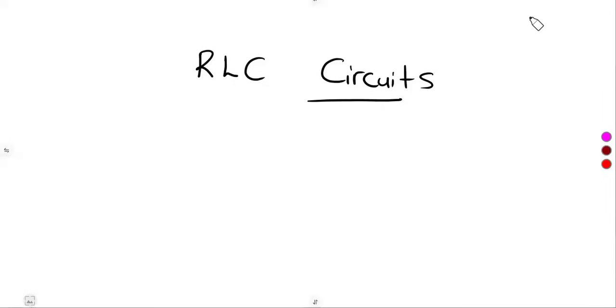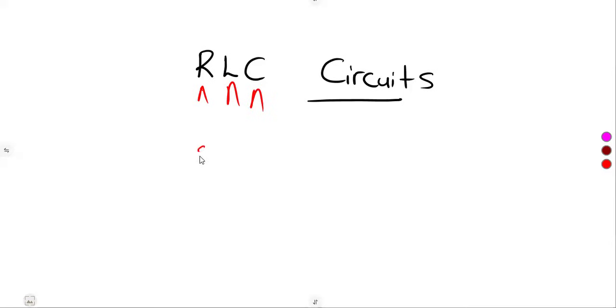So in this section, we are going to be considering our RLC circuits, which is an idea of a combination of a circuit which can consist of a resistor, an inductor, and a capacitor.